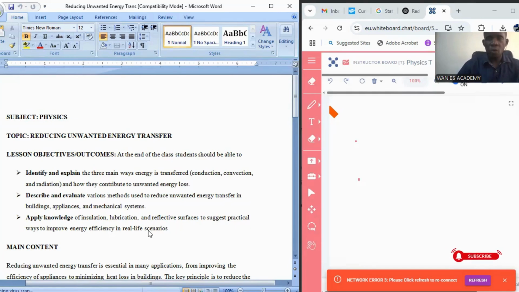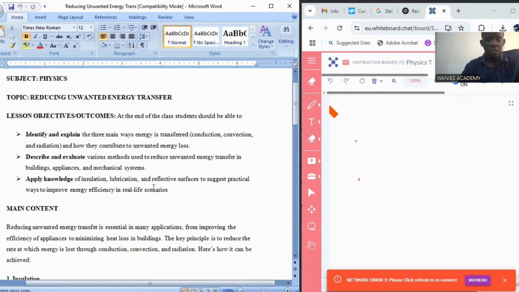Any knowledge acquired is expected to be applied. So how do we apply this knowledge of insulation, lubrication, and reflective surfaces in our day-to-day activities, in a real-life scenario? So these are the things we're going to be looking at today. I believe you are going to enjoy the lesson.